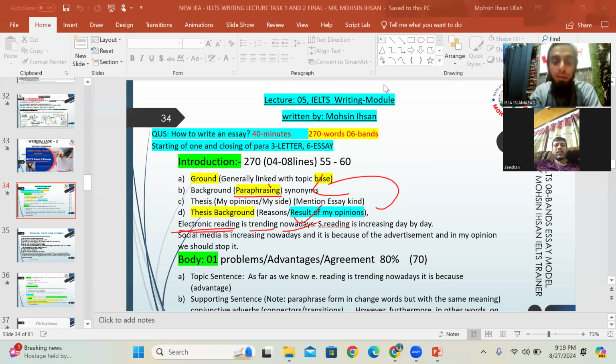Anyhow, after paraphrasing, the third step in the introduction is called the thesis, your idea about the topic. What does it mean? What do you think about the topic?